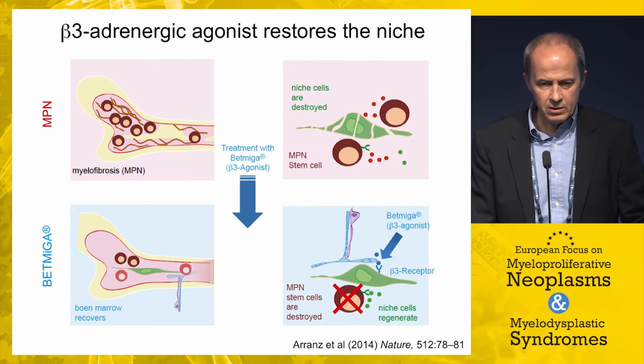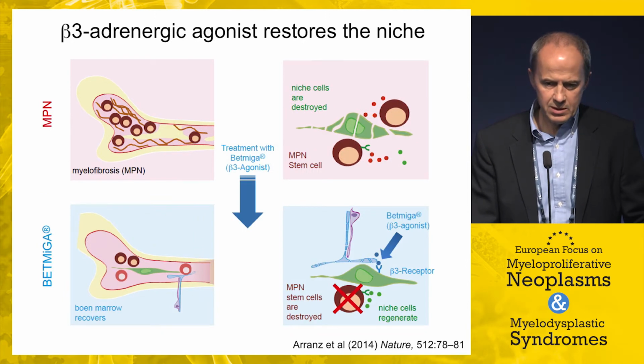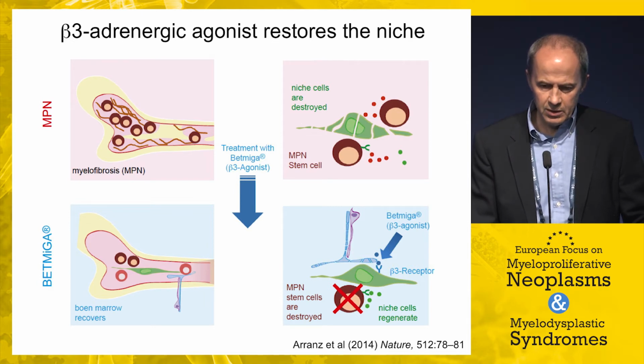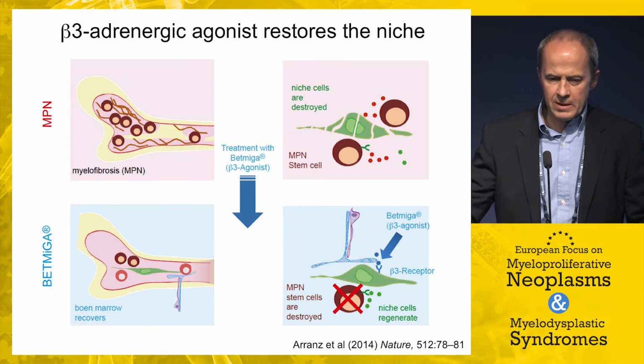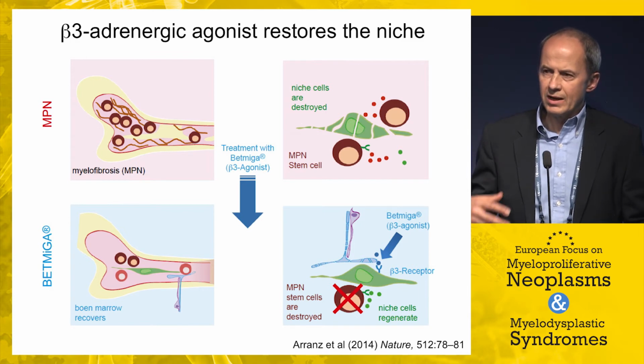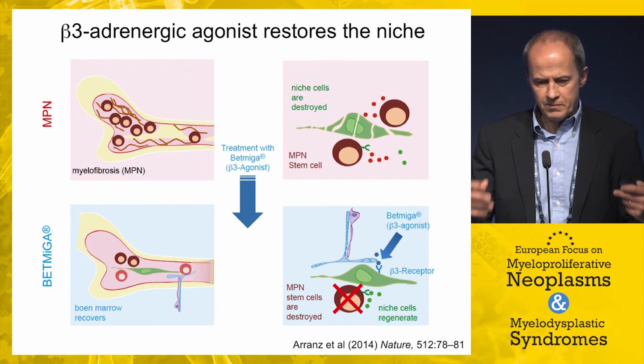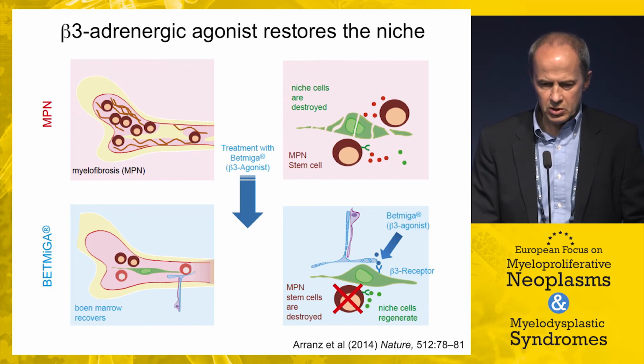If you then provide the trophic factor that normally these cells need, which is beta-3 agonist, then these nestin positive cells seem to reappear, and they push back the clone to some degree. So this is sort of an encouraging sign that we can also influence the MPN clone indirectly by changing the microenvironment to its normal physiologic state.